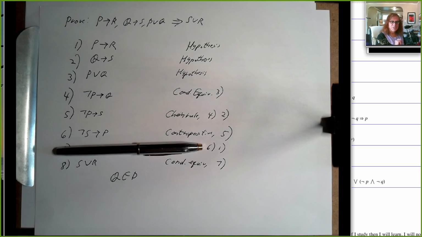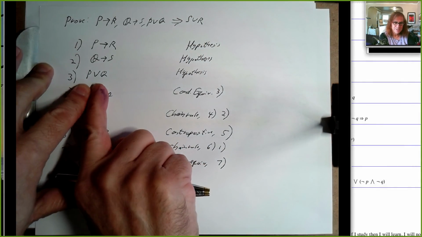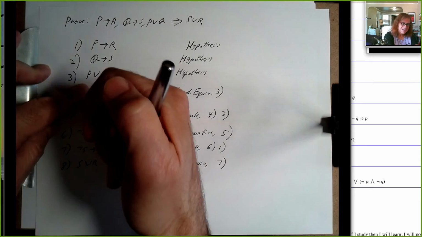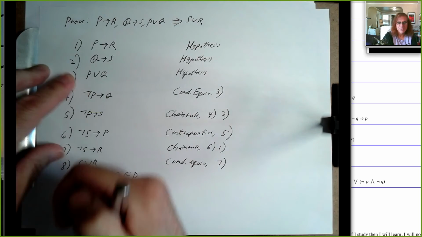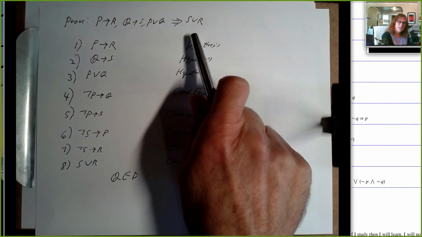What you can never do in a proof like this, though, is write down something that you don't know is true. If I were to put a line in here that said S or R, my proof is no longer valid, because I don't know that S or R is true. And anything that comes after that that depends on this could be true, could be false. It's only true if I know S or R is true.